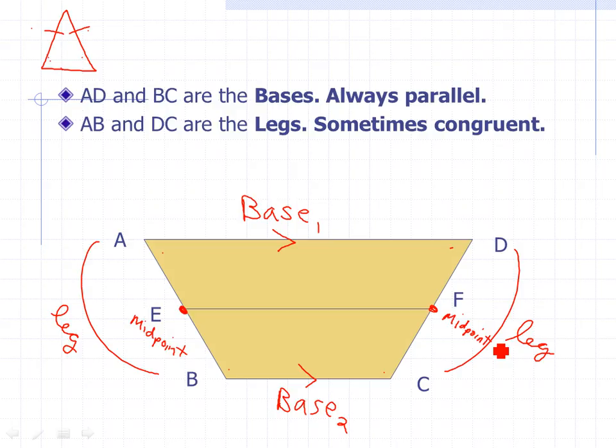Now that segment is special. It connects the midpoints. Have we ever talked about a segment that connects a midpoint to something? When we were dealing with those triangles, which one connected a vertex to the midpoint?